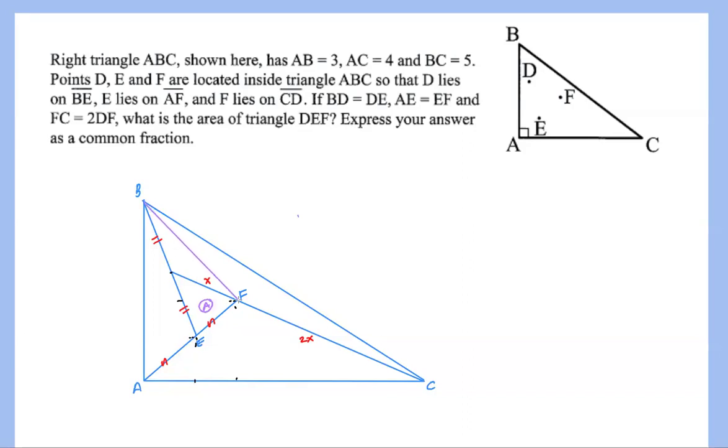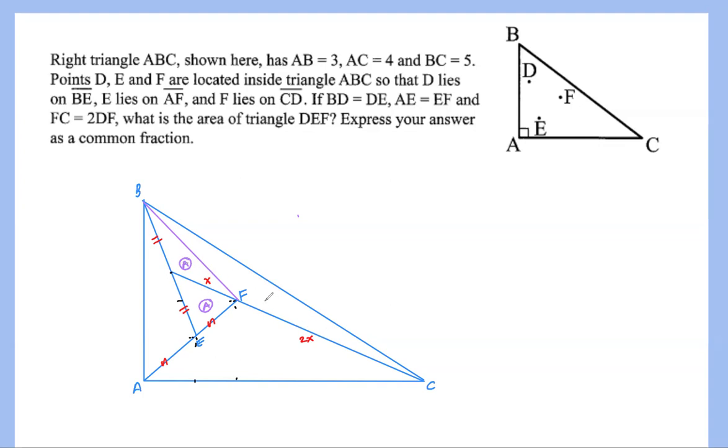If I connect B to F, and the reason I'm doing this is because we do know the area of this triangle, and then we may find the area of this triangle easily because they share the same vertex. So if this is A, and then since the bases are equal, that region right here is also A. And now think about the triangle B to this point and F, that's A, B, F, C. They share the point B as vertex, which means the area ratio of these two triangles is the base ratio, which is 1 to 2.